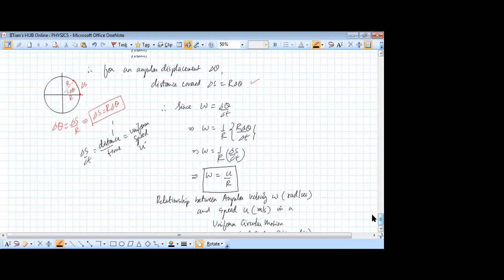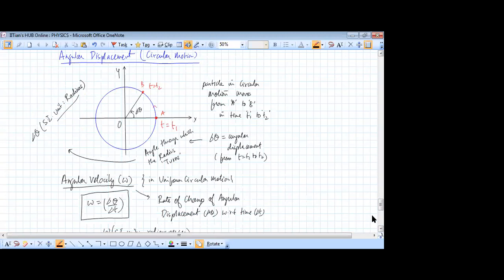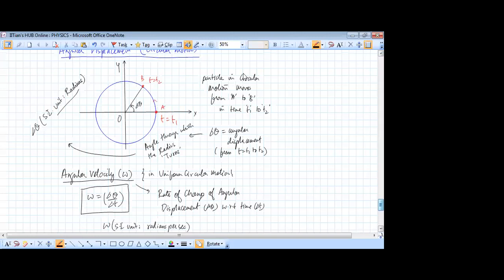Okay, so let's look at the whole thing again. Angular displacement. When we come back to angular velocity, let's understand the relationship between angular displacement and angular velocity again.